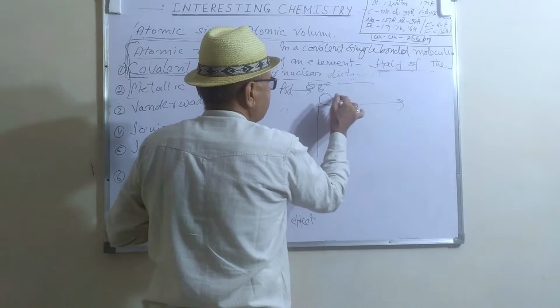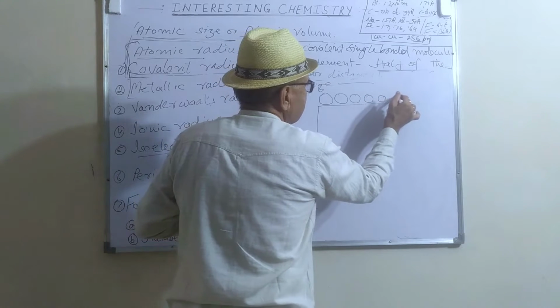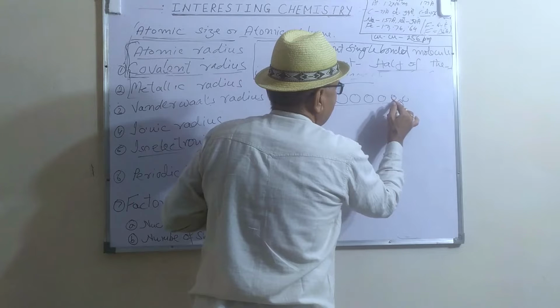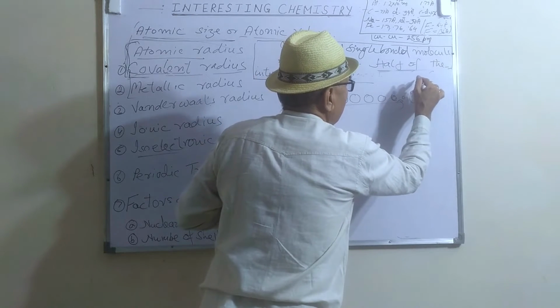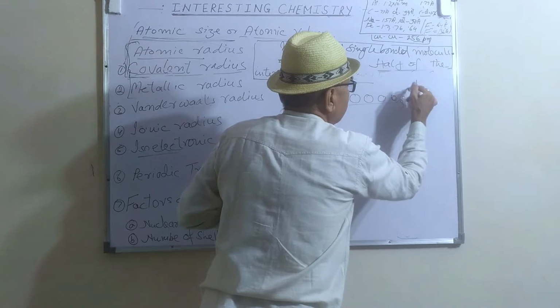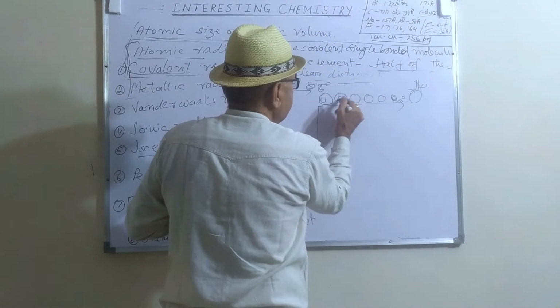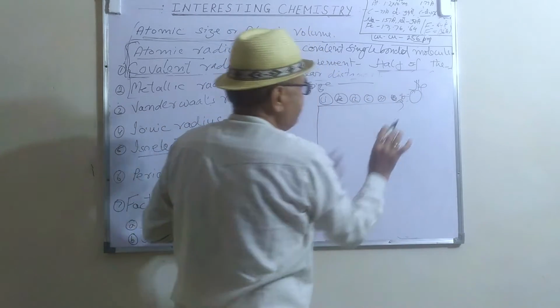This is the size. Suppose this is lithium, beryllium, boron, carbon, nitrogen, oxygen, and this is fluorine, and last, this is helium, neon.